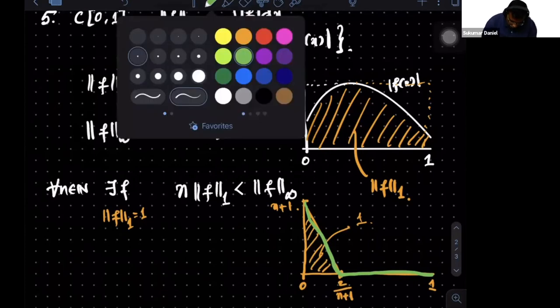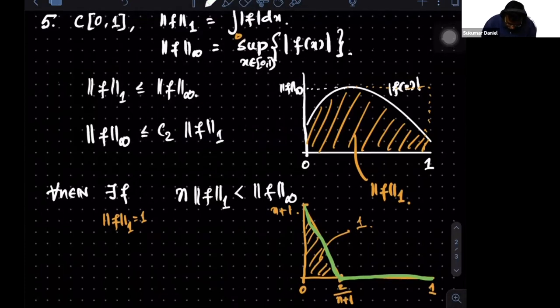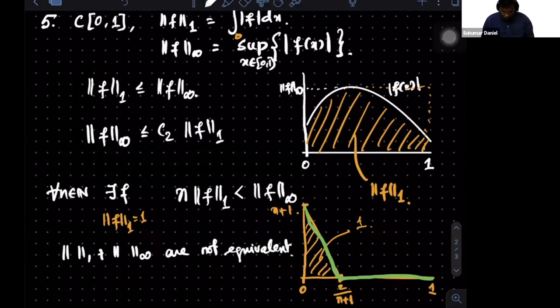Right. So what is the conclusion? So norm 1 and norm infinity are not equivalent on C of 0, 1. I just give you a small exercise.